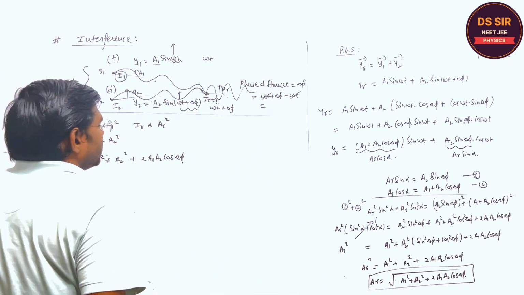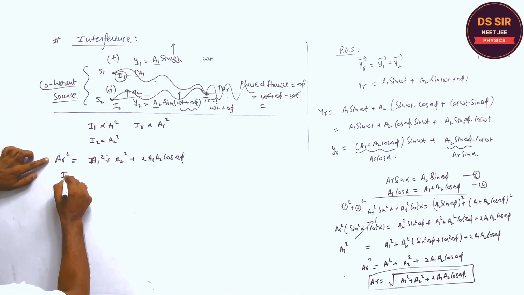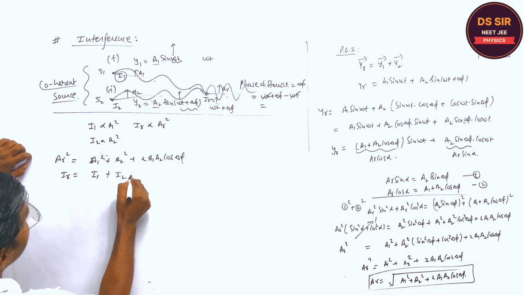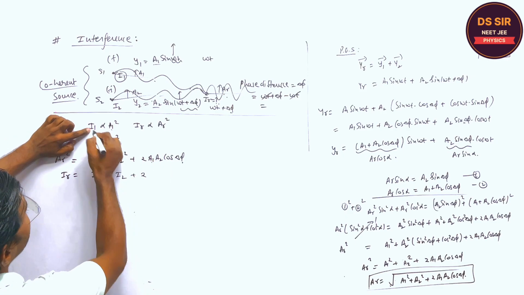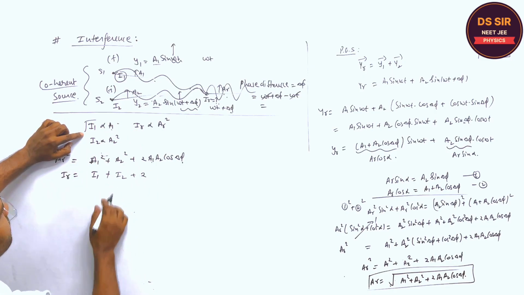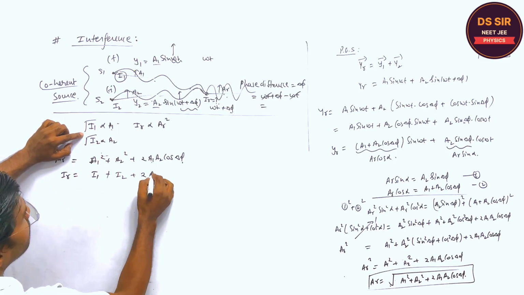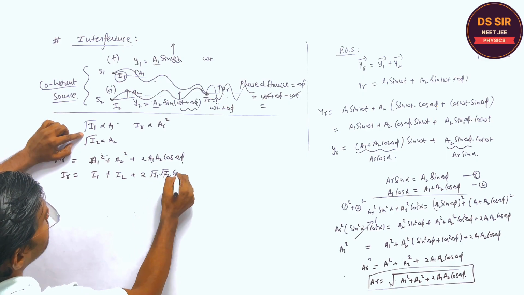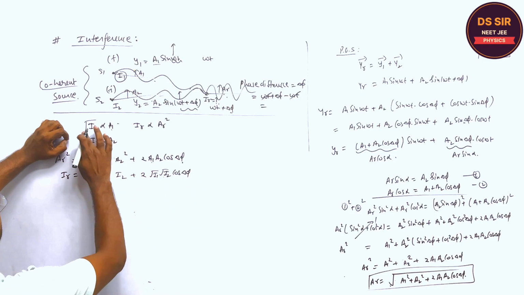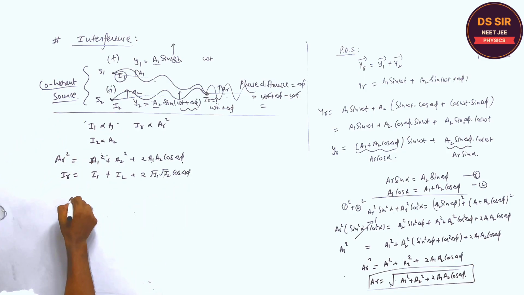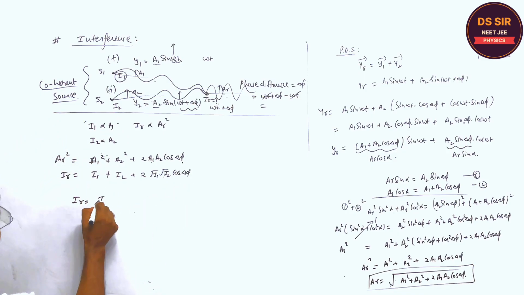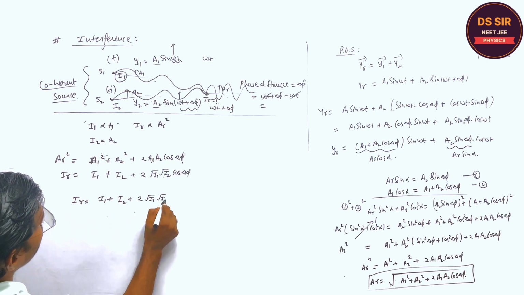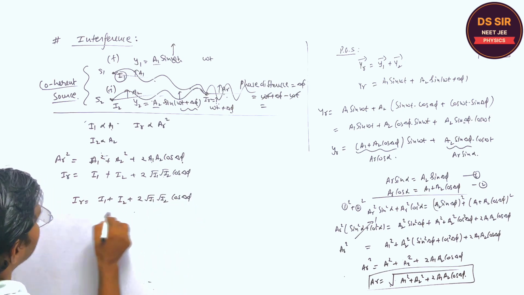So the resultant intensity we can find, because they are proportional: IR equals I1 plus I2 plus 2 root I1 root I2 cos delta phi. Is it clear or not?